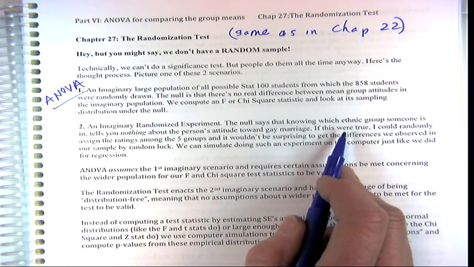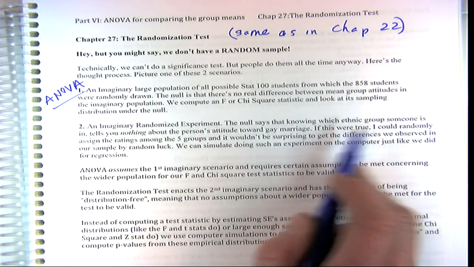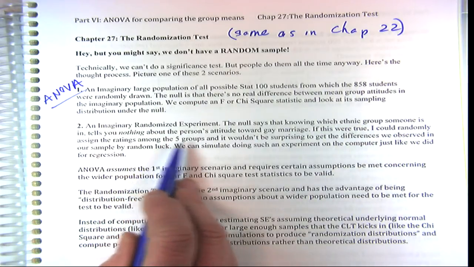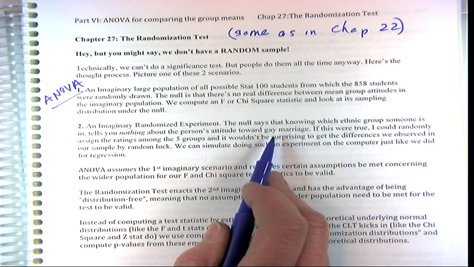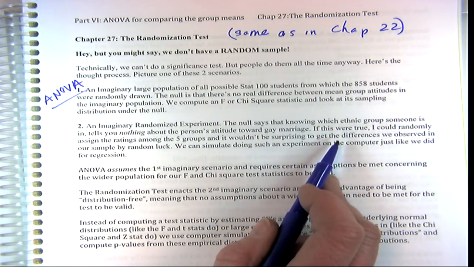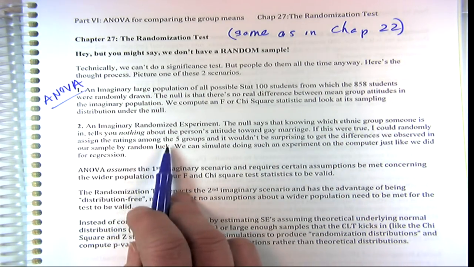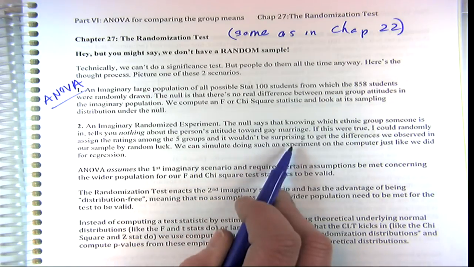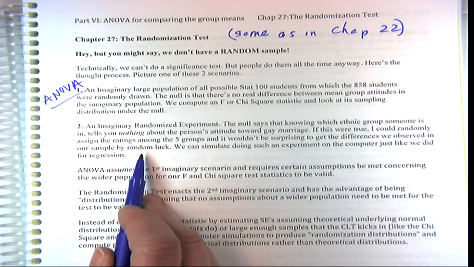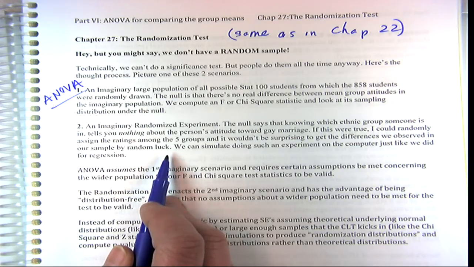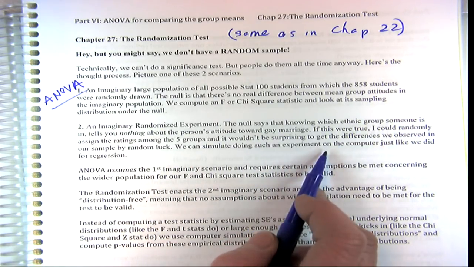The null says that knowing which ethnic group someone is in tells you nothing about the person's attitude towards gay marriage, right? So if this were true, I could randomly assign the ratings among the 5 groups, and it wouldn't be surprising to get the differences we observe in our sample by random chance. So we can simulate doing this on the computer. That's what we're doing when we do a randomization test.